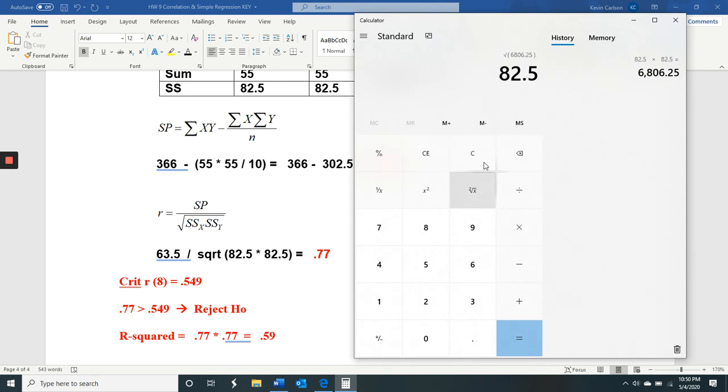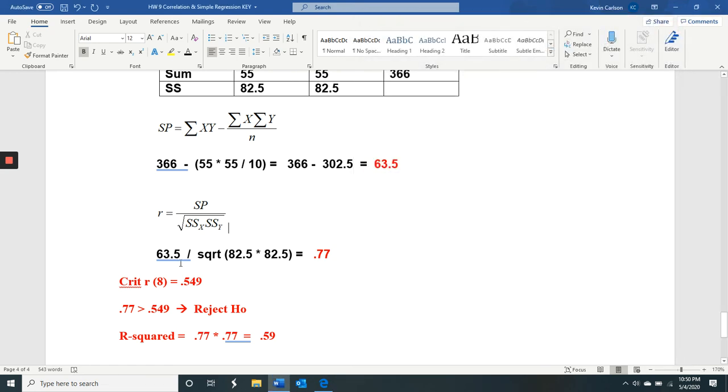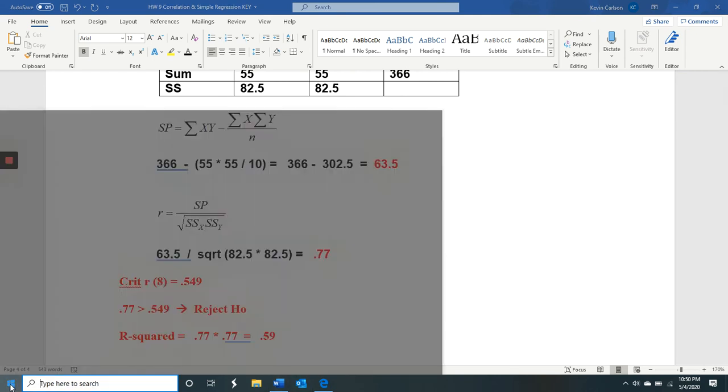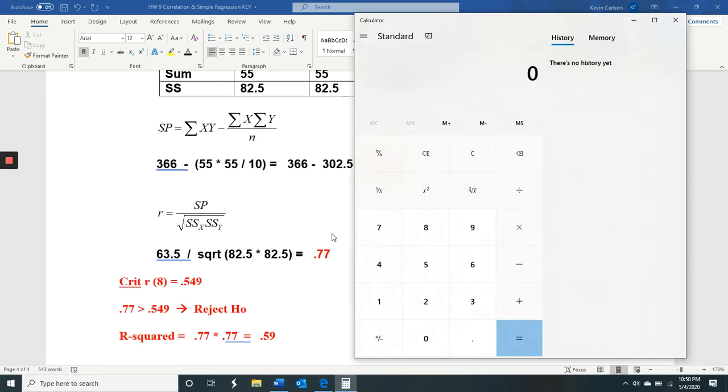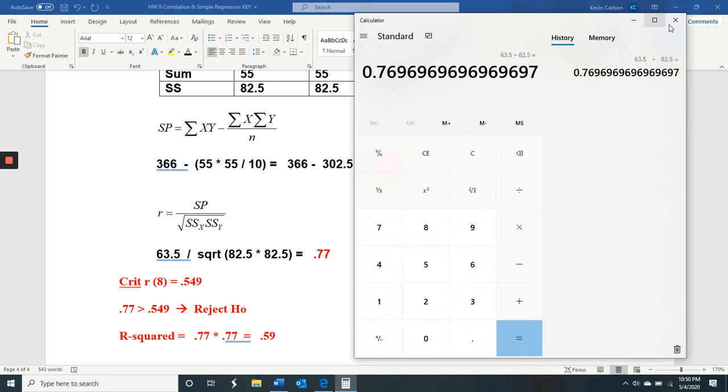And take the square root, 82.5. And so you take 63.5 divided by 82.5, and I'm just going to do it real quickly. 0.77.